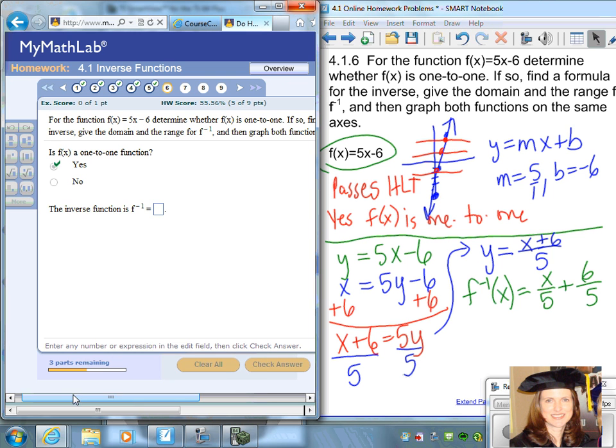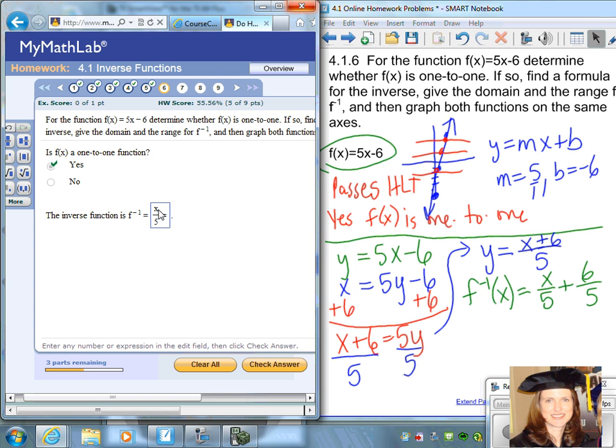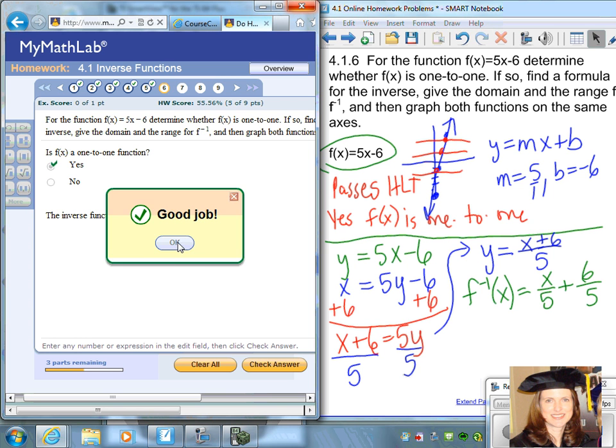That's our inverse function. So x divided by 5 plus 6 divided by 5. Yes, and check your answer.